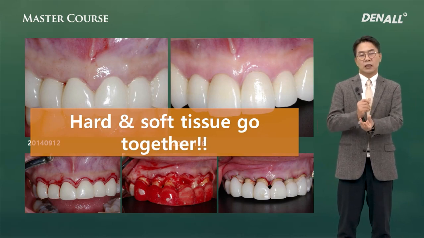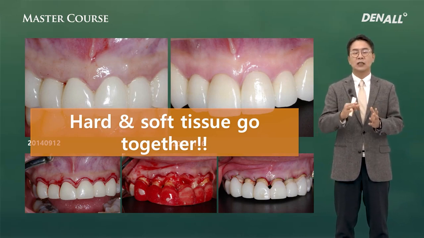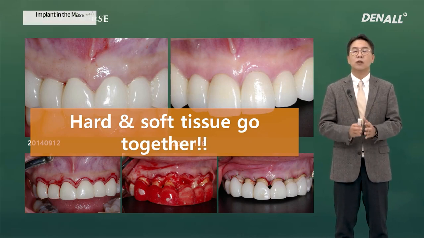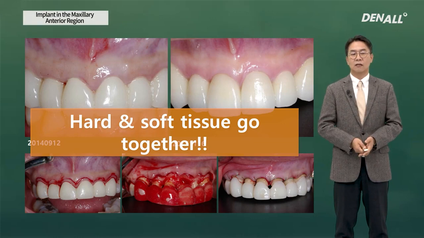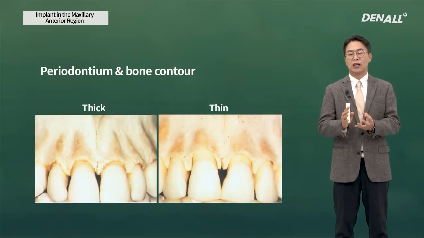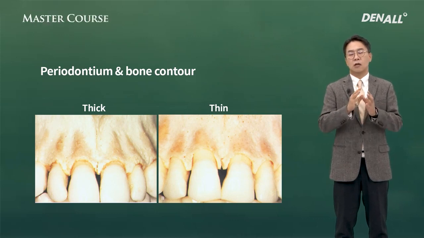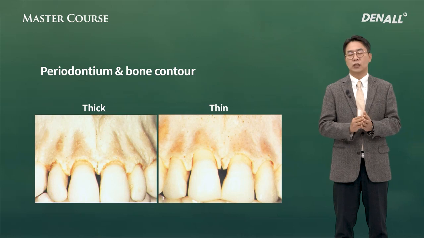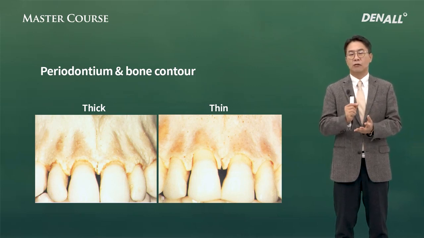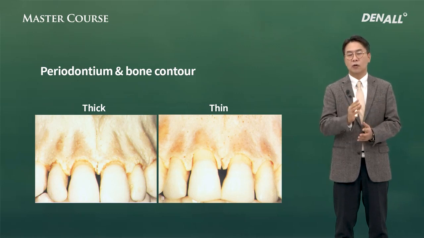Just before, we looked at the shapes of teeth and interdental papilla of gingiva. And below it is the periodontium, referring to the gingival contour and bone. When it is triangular, actually the teeth have rather thin bone, and if it is square, the bone tends to be thick.